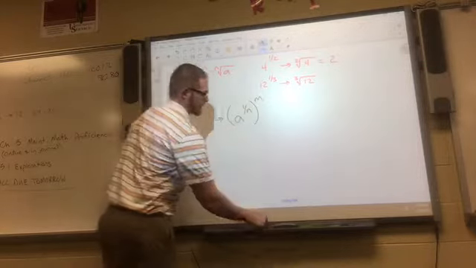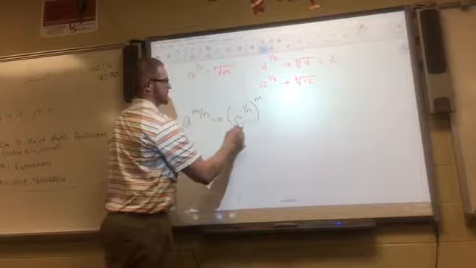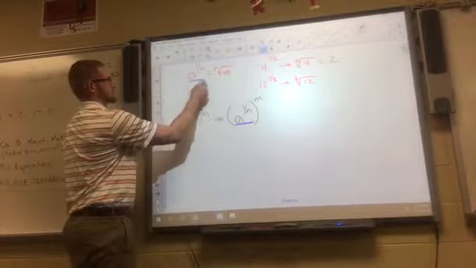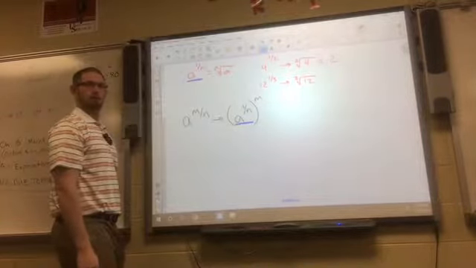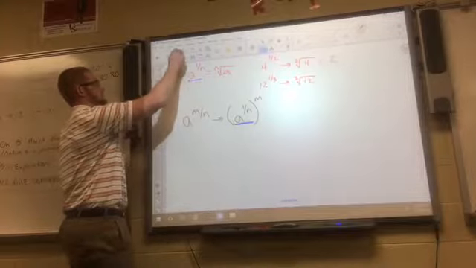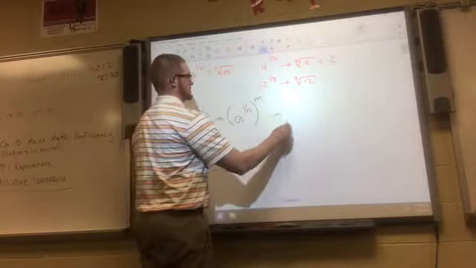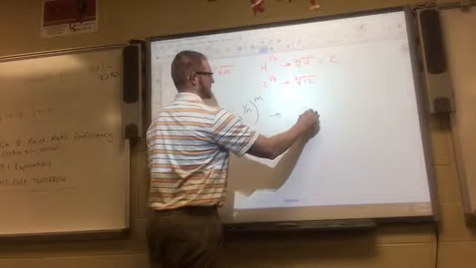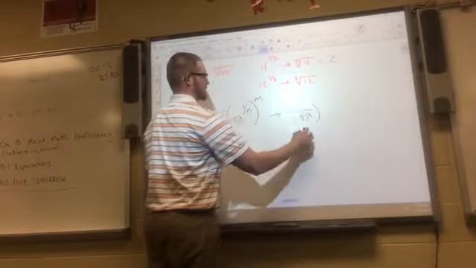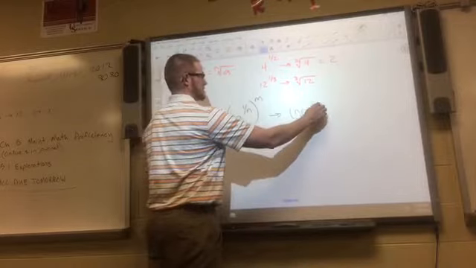Now what I'm looking at here is this exact same thing, correct? I just turned it into this. So I can write this as the nth root of a to what power? To the m power.